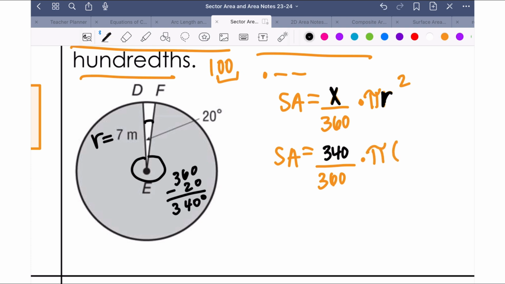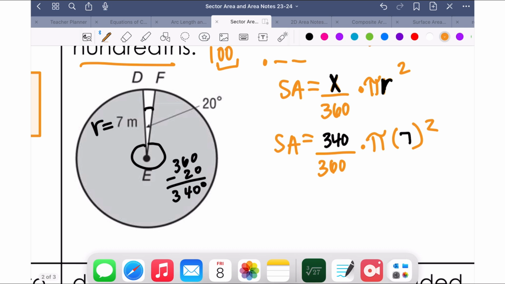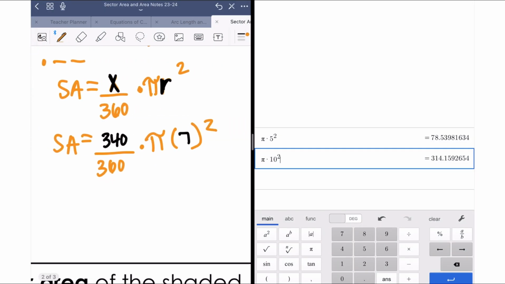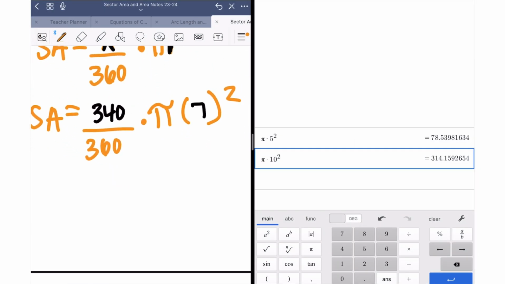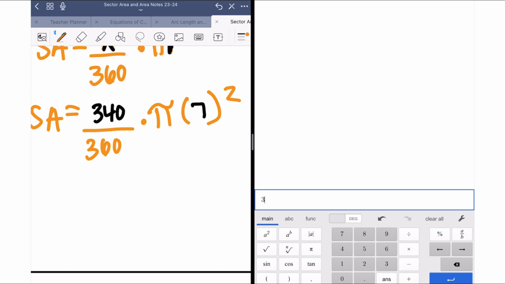What's my radius? Right here, 7 squared. Carefully input that into Desmos once you have it all filled in. Let me clear this. 340 out of 360 is the portion times pi r squared. Pi times 7 squared.